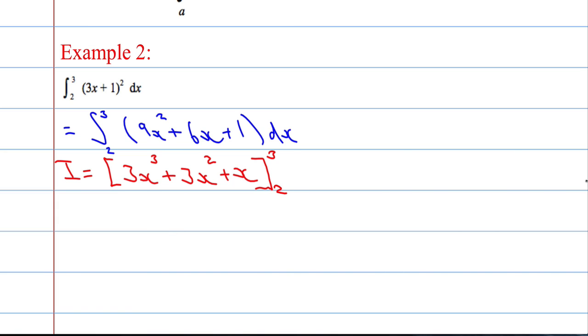So, I'll just take out the highlighter here, just so we can be a little bit clearer about what's going on. So I'm going to take this 3 and substitute it into the function here. So we get 3 times 3 cubed plus 3 times 3 squared plus 3. And then what I'm going to do is, I'll just highlight all of this.